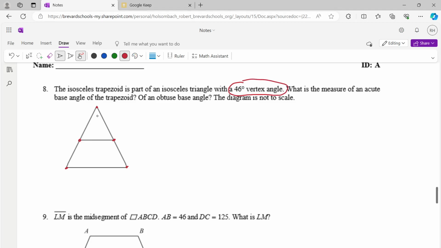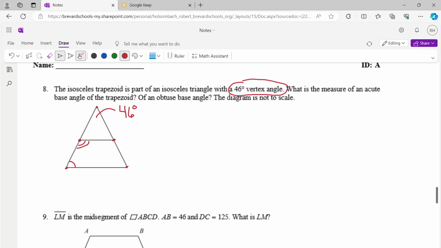Vertex angle, that's this one up here, 46 degrees. What is the measure of an acute base angle of the trapezoid or an obtuse base angle? The diagram's not to scale. What you need is this angle, and you need this angle.